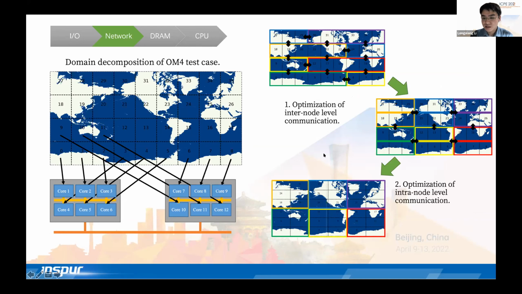This will reduce the communication amount between the different compute nodes and also increase the performance. I think these are the two main methods to reduce the network limitations. Thank you very much for the explanation.